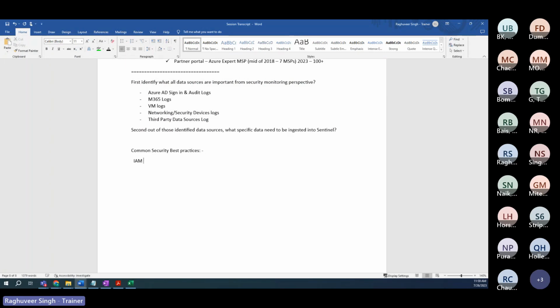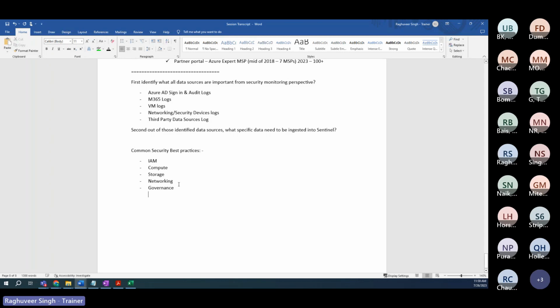Those best practices are around IAM, they are around compute, they are around data repositories, or you can say storage service, they are around networking. And the last but not the least is governance.